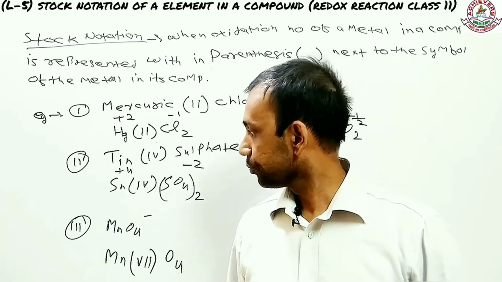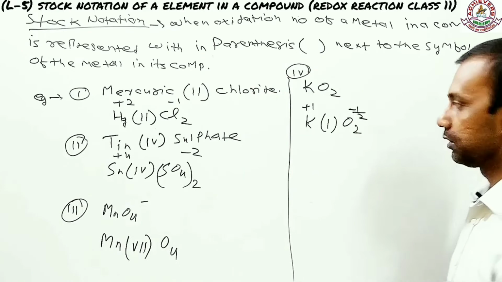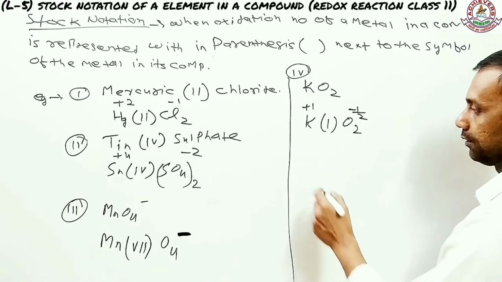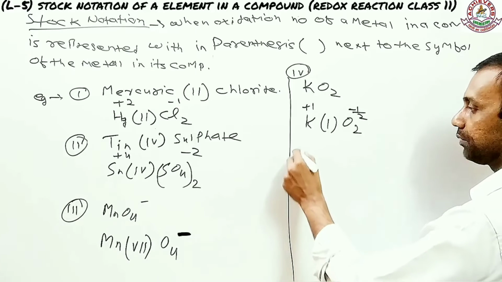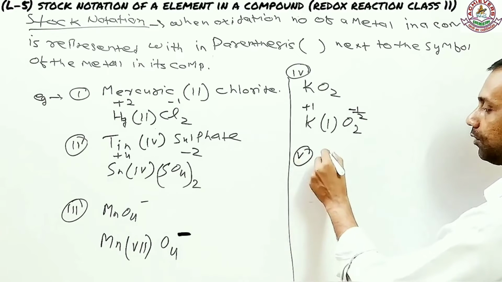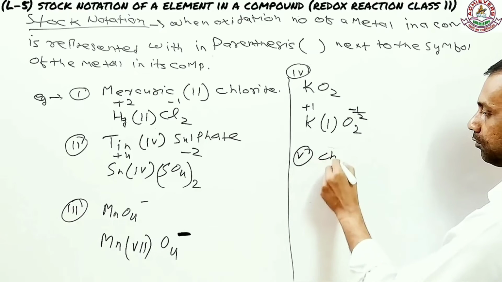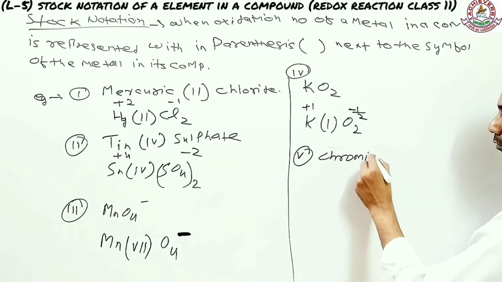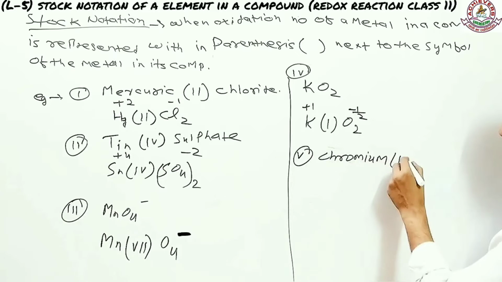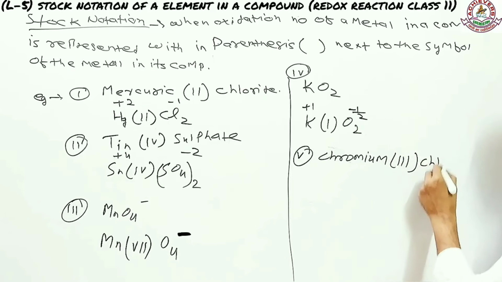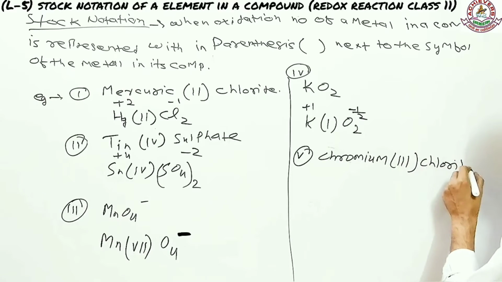Let's take some more examples here. Chromium 3 chloride. Let's take another example. Chromium 3 chloride.